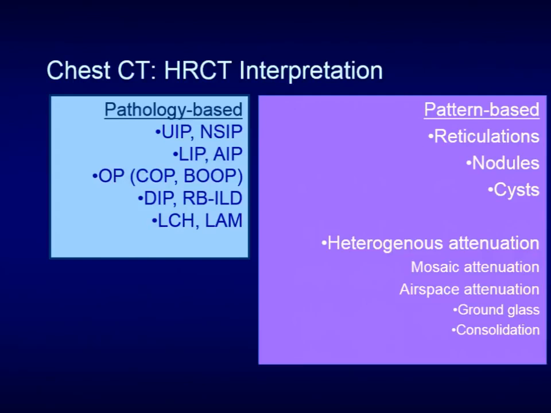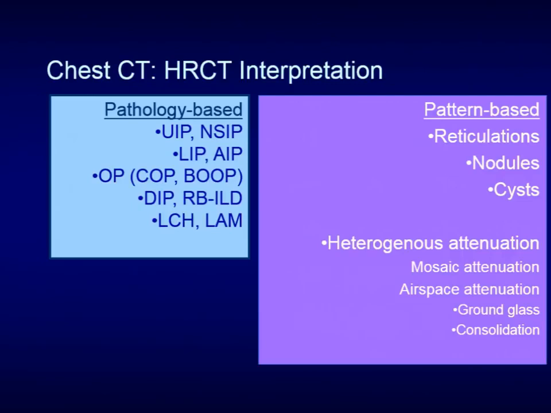These terms are a little bit vague, but for lack of better, they are descriptive findings, such as reticulations, nodules, cysts. And there may be some terms like heterogeneous attenuation, so that there's alteration in the lung parenchyma. And you'll see terms, and we'll go over this, mosaic attenuation, airspace attenuation, or consolidation.